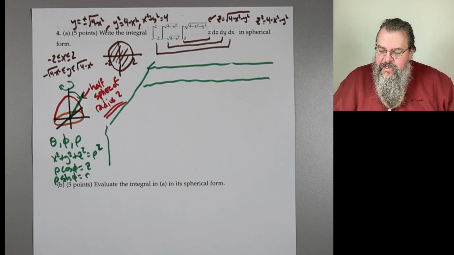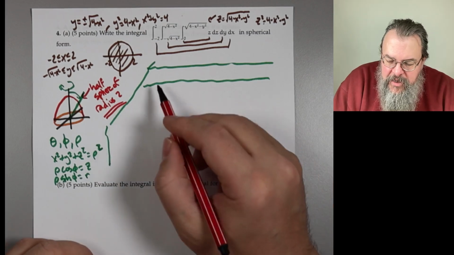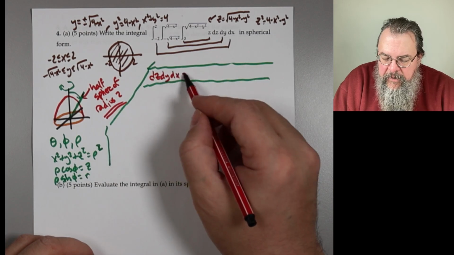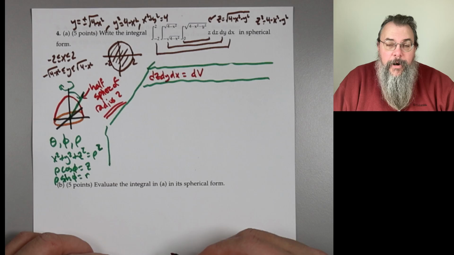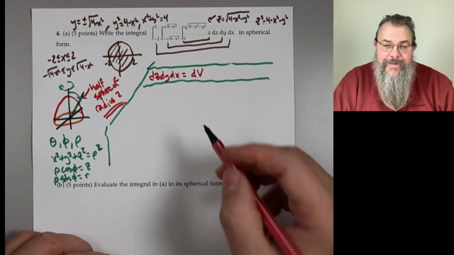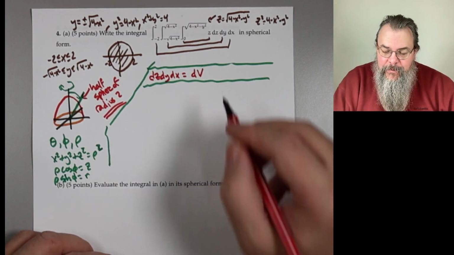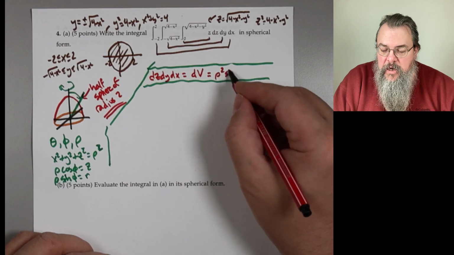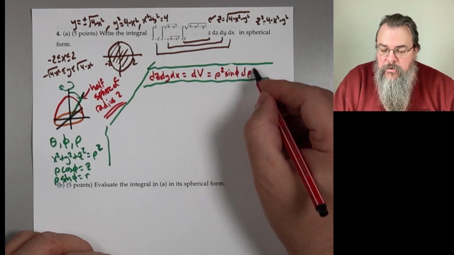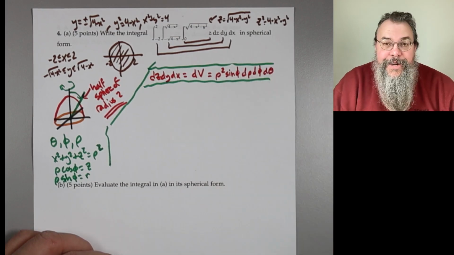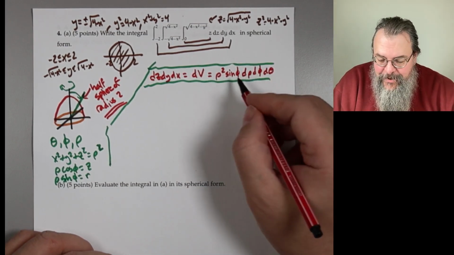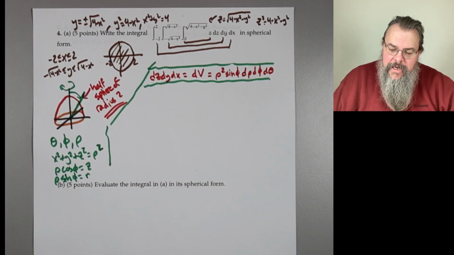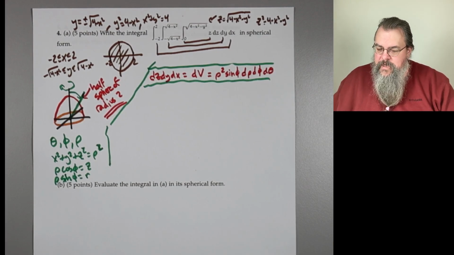Right now we have dz, dy, dx. That's essentially our piece of volume. So what does that become in spherical? Remember the song: rho, rho, sine of phi, d rho, d phi, d theta. Yes, don't forget it.